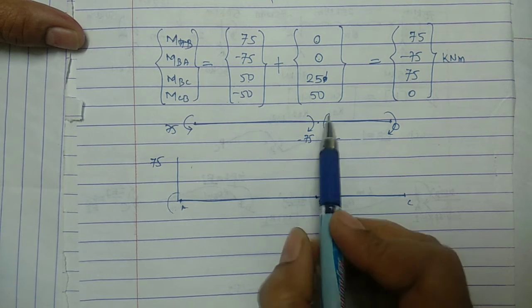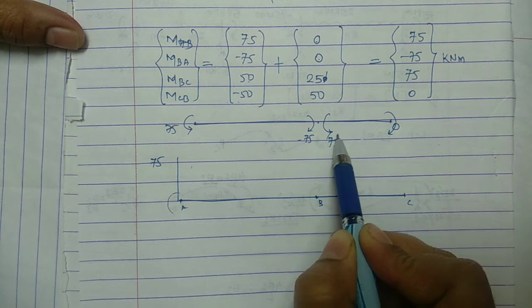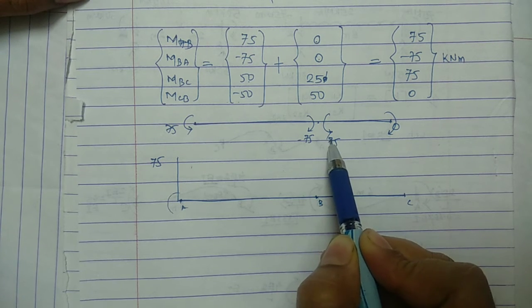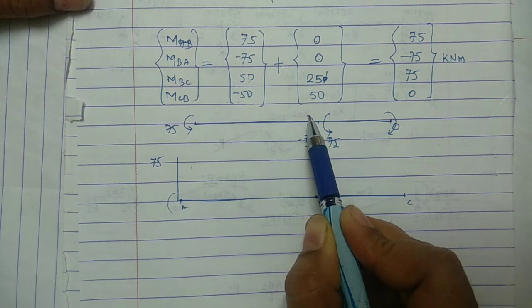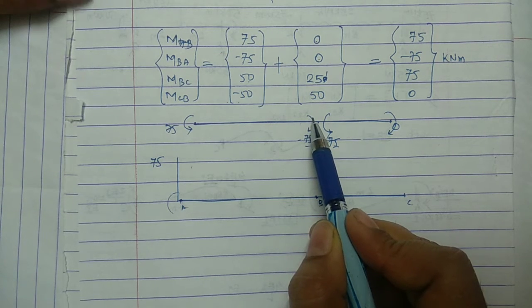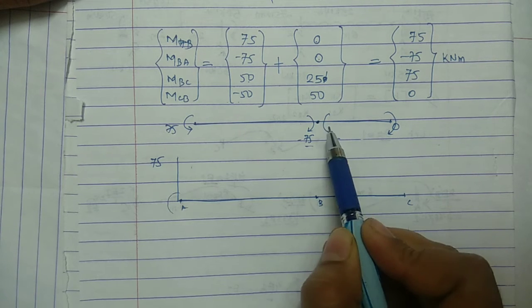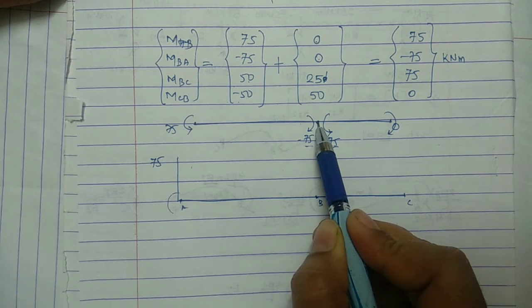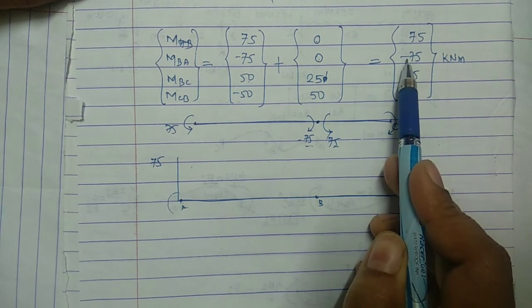So here at this point, this moment is in the upward direction, and on this side BA and BC are always having the same magnitude in opposite direction. Okay, because that is the roller support, internal roller support, a continuous joint, and at that joint, according to equilibrium, that support is in equilibrium. Therefore, MBA and MBC have the same magnitude in opposite direction.